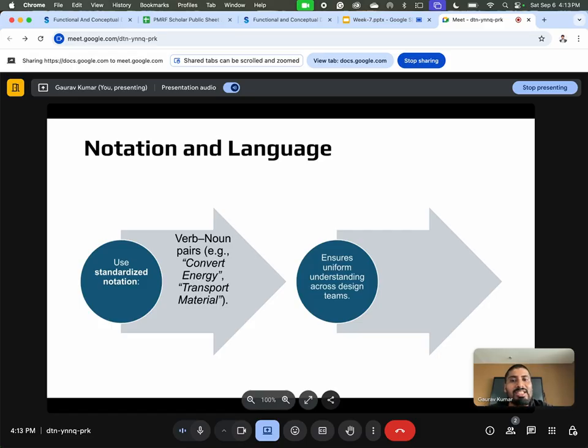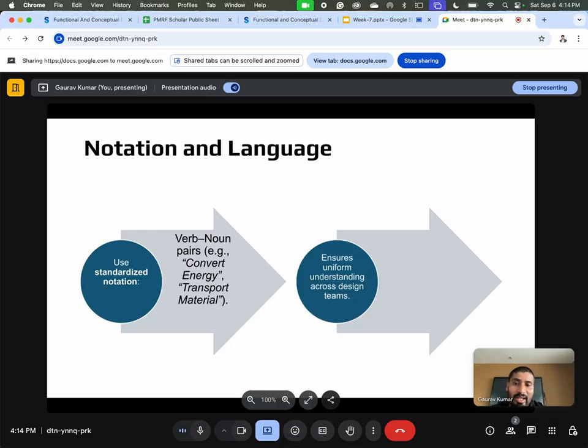So the consistency of this language means that diagrams and models can be universally understood. When a design team uses verb-noun pairs, engineers, designers, and even non-technical stakeholders can follow the logic. So it becomes a common language that reduces misinterpretations and confusion. Standardized notation also allows functional models to be shared beyond one project.